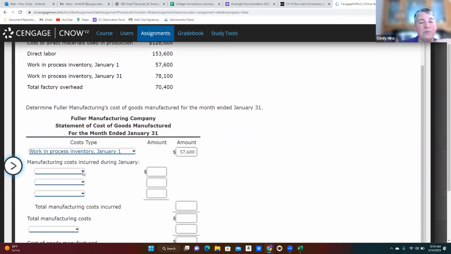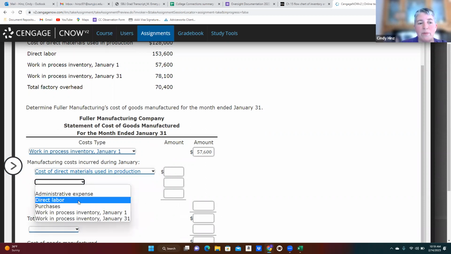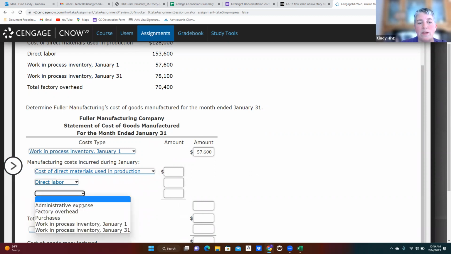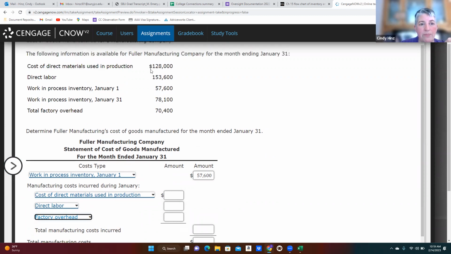Well, then, as we saw in that flow chart I just showed you, we add 3 separate costs into that work in process account: direct materials, direct labor, and then we apply overhead. So in this case, the direct materials used in production is given as $128,000.